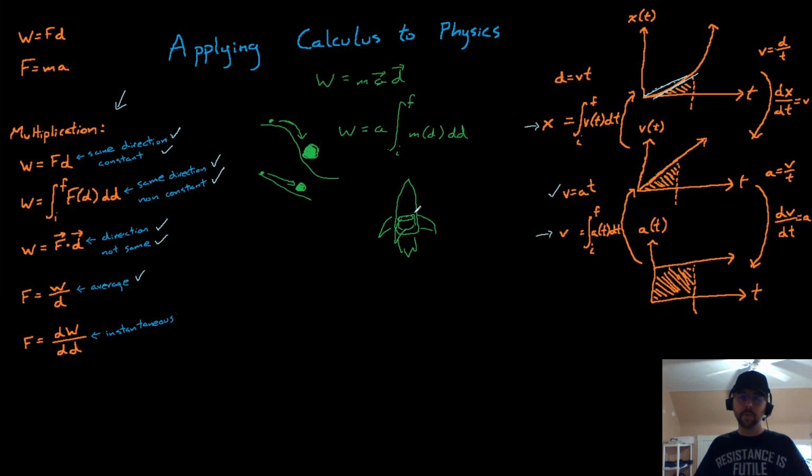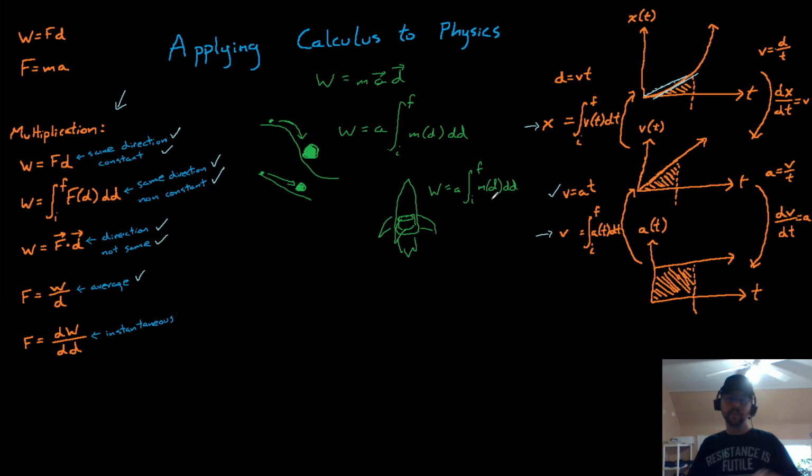So as this is burning, the mass of the rocket is changing. So in this case, work equals, if we're still close to the Earth, acceleration is not changing, the integral from the initial displacement value to the final displacement value of mass as a function of displacement, dd.